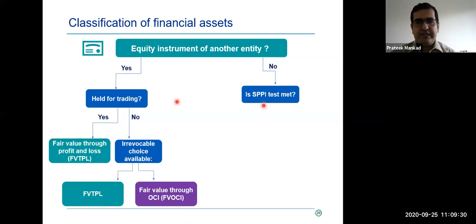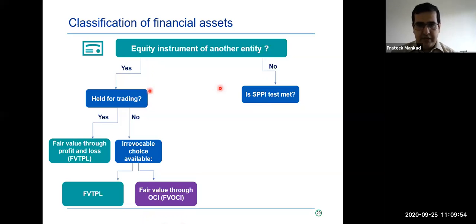And we'll pause at the SPPI test for a minute now. Basically, the standard asks us to evaluate what are the contractual cash flows. Are they only principal, only interest? Let's take an example of a convertible debenture. In a convertible debenture, there is a repayment which is fixed.